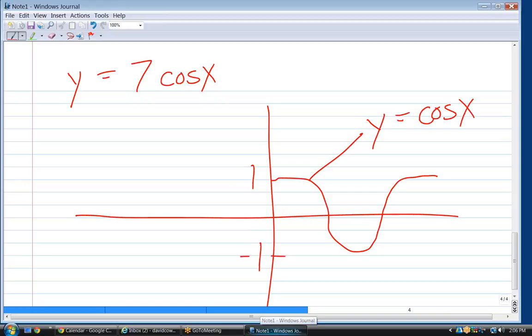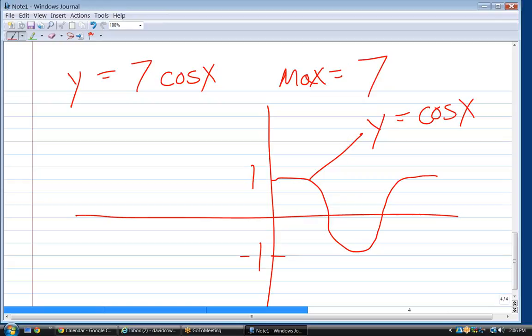What's the maximum value that cosine x can have? 1. So what's the maximum value that y can have? 1. 7 times 1. So 7.